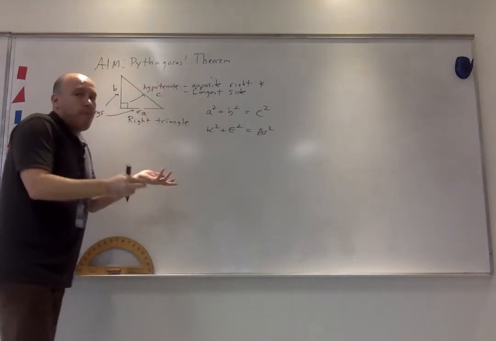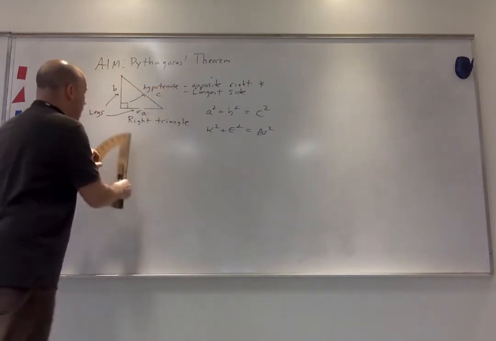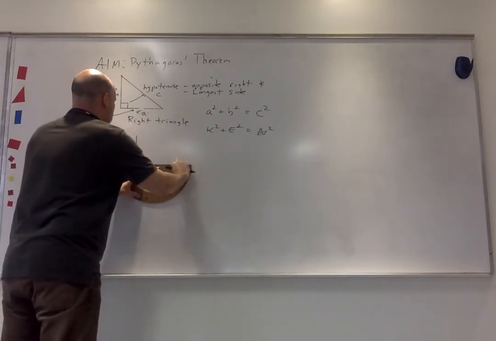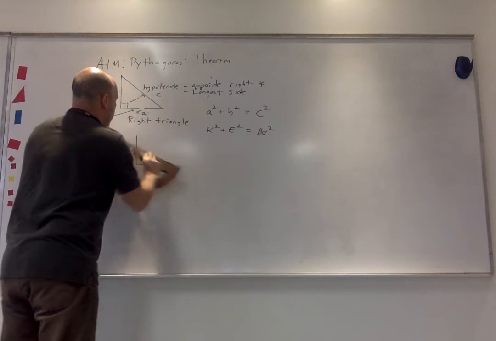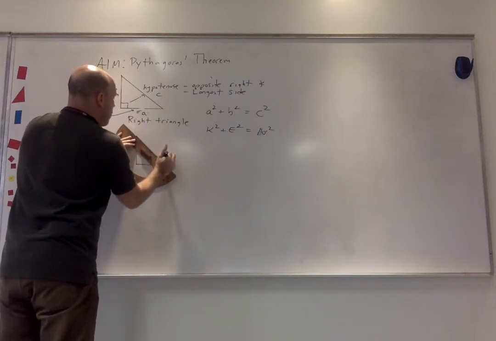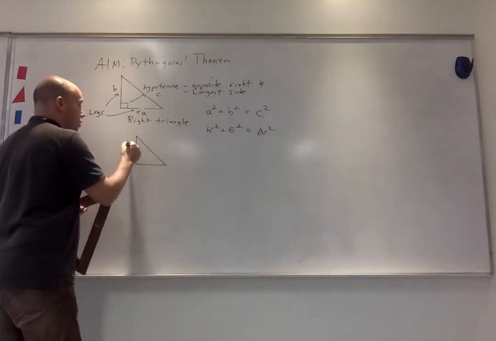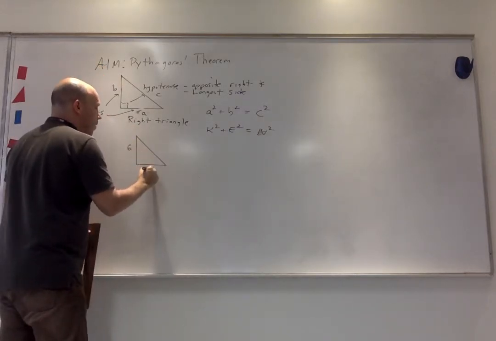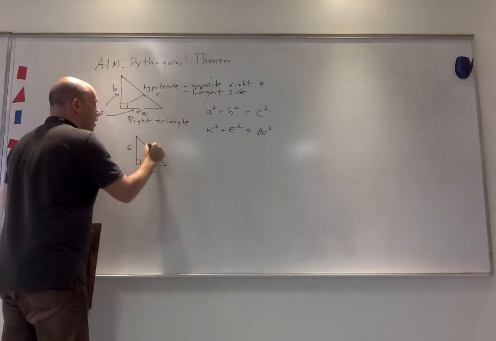And so the book might give you some examples. It might say, find the different sides of the right triangle. And they'll say, okay, here's a right triangle, and this side is 6, and the other leg is 8. Find the hypotenuse.